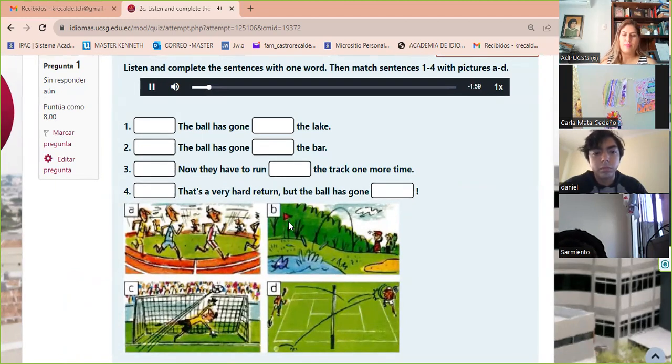1. Oh, that's a really long one. Oh boy, the ball has gone into the lake. And that might be the end of his hopes of winning the US Open this year. 2. It's a penalty.